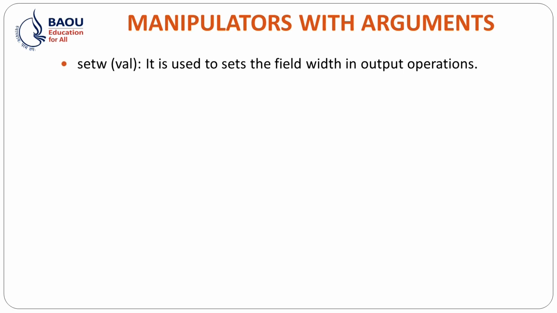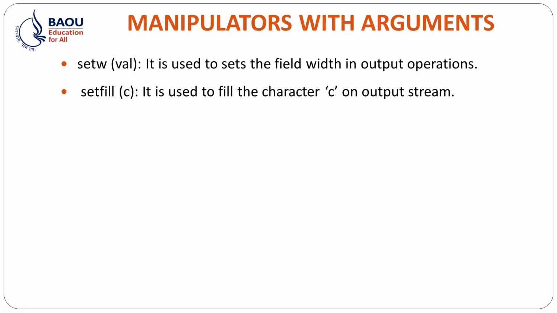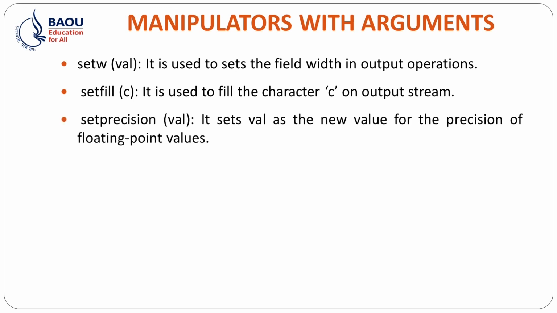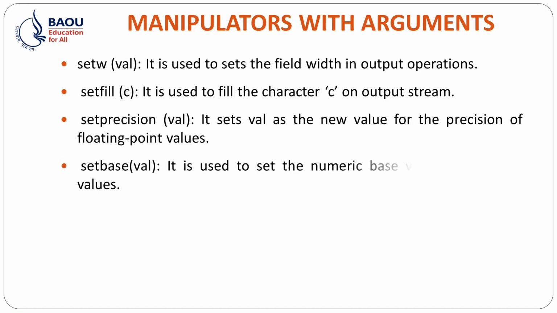Manipulators with arguments. setw and then the value. It is used to set the field width in output operations. setfill and c. It is used to fill the character c on the output stream. setprecision value. It sets the value as the new value for the precision of floating point values. setbase value.